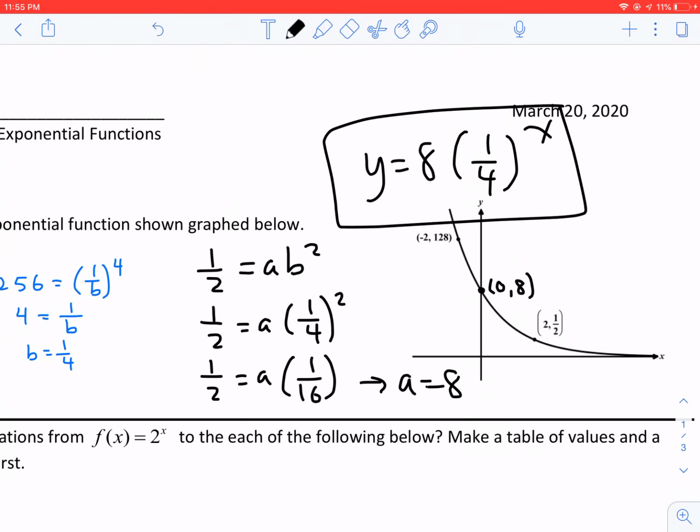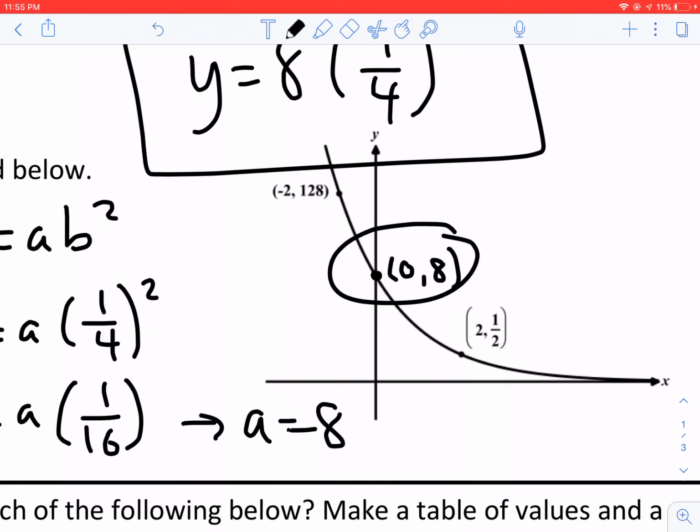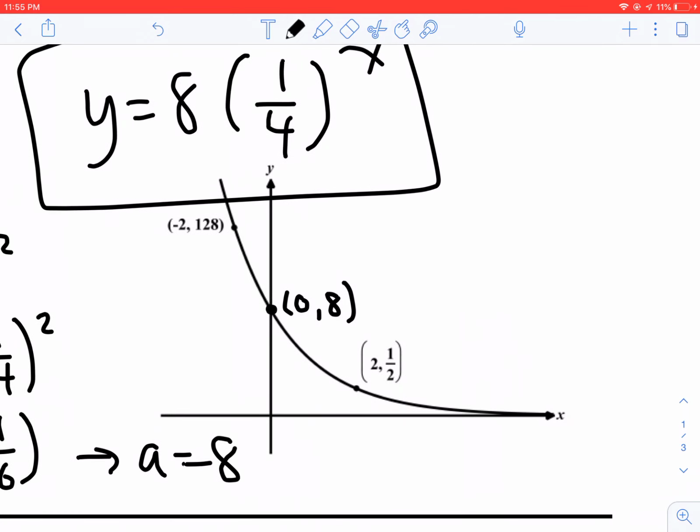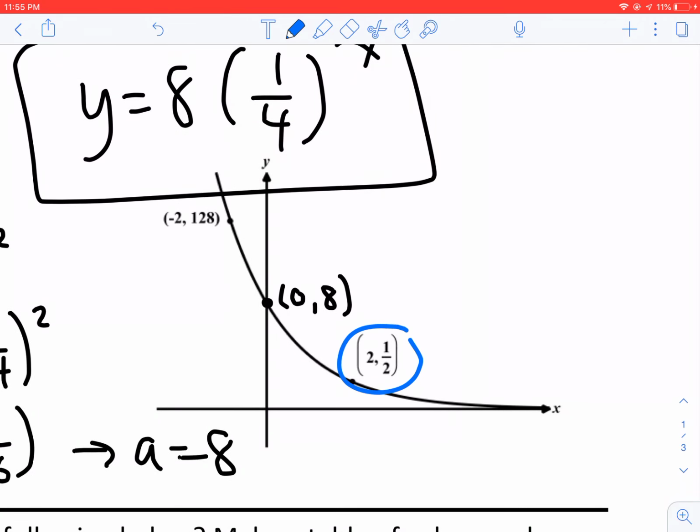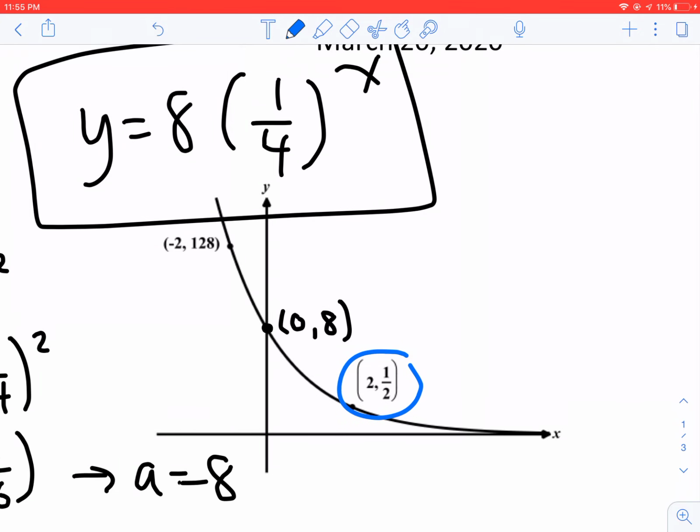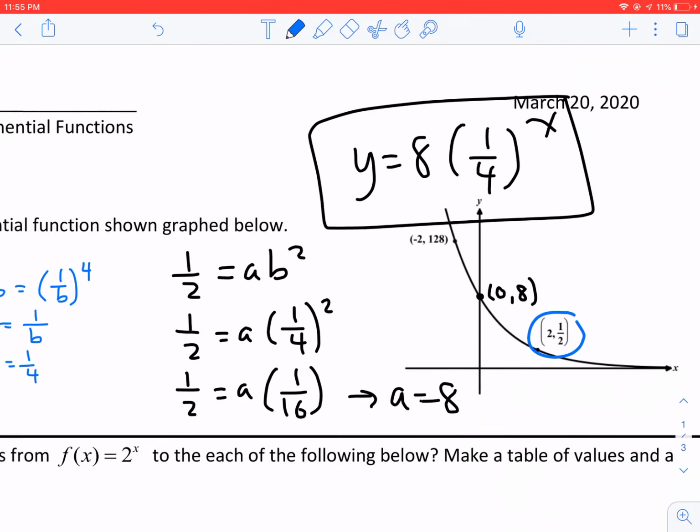And just like with geometric sequences, you don't necessarily have to use this point to write the equation. That's like using the zeroth term for an explicit geometric rule. We could also use 2 comma a half to write our equation once we know the base.